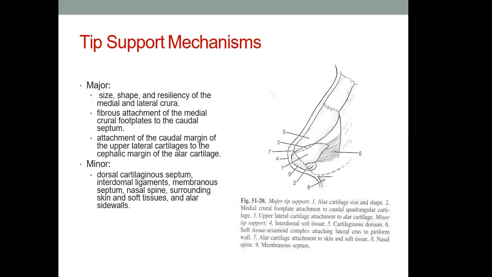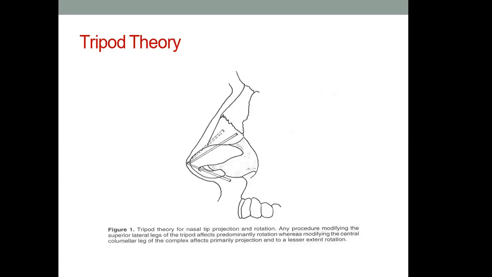The minor supports are the dorsal cartilaginous septum, interdomal ligaments, membranous septum, nasal spine, surrounding skin and soft tissue, and alar side wall. This is the tripod theory.